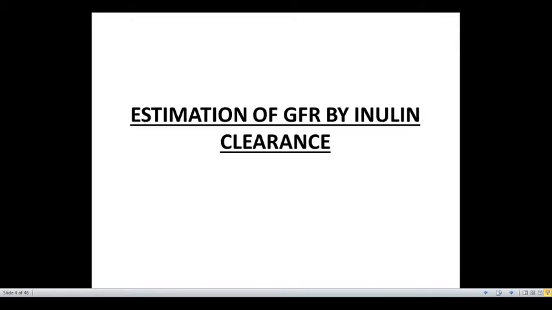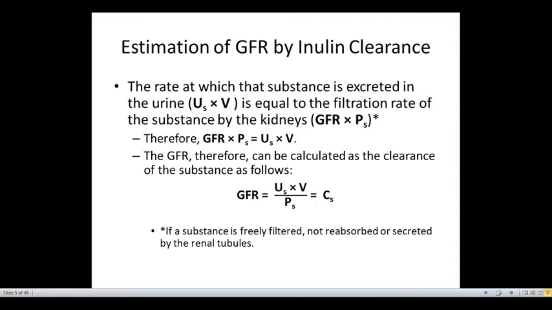Estimation of glomerular filtration rate by inulin clearance. If a substance is freely filtered and is not reabsorbed or secreted by the renal tubules, then the rate at which that substance is excreted in the urine, Us into V, is equal to the filtration rate of the substance by the kidneys, GFR into Ps.